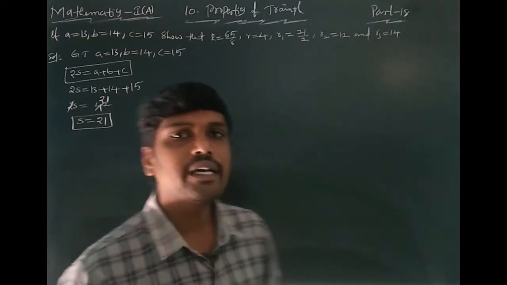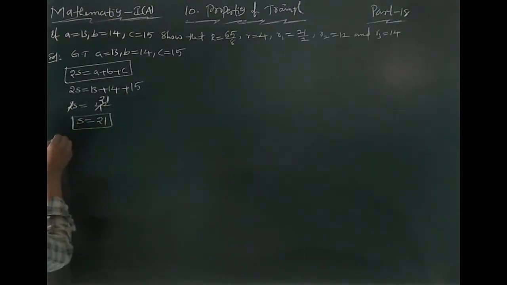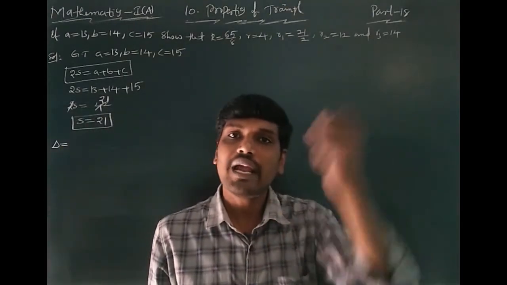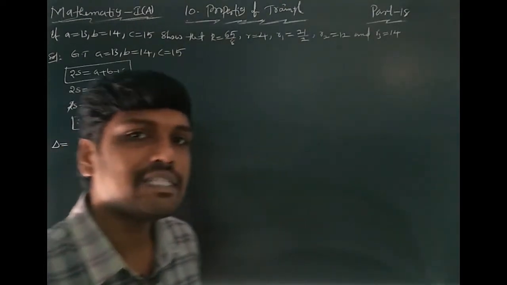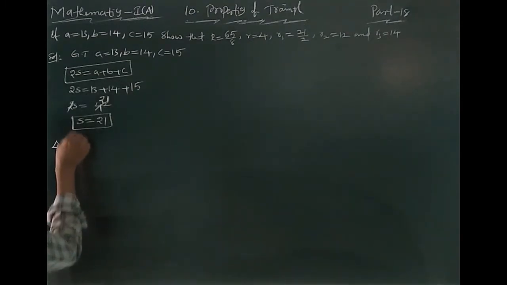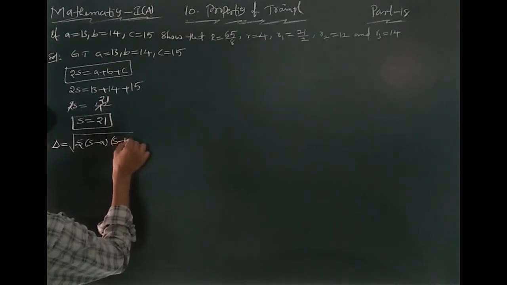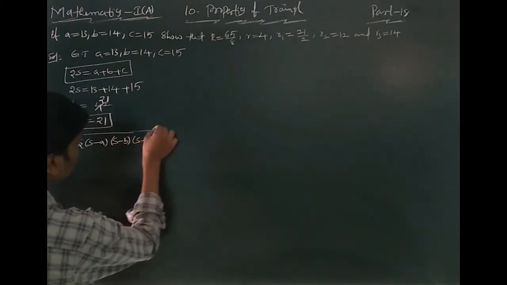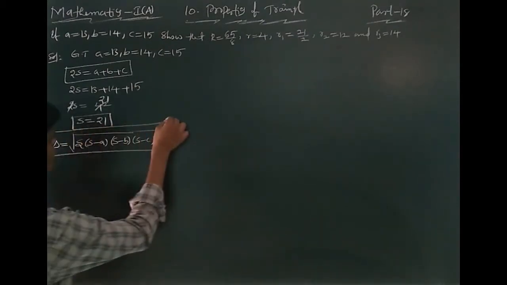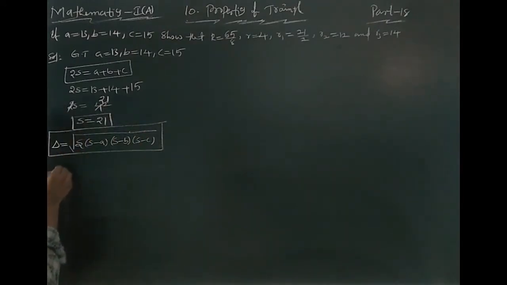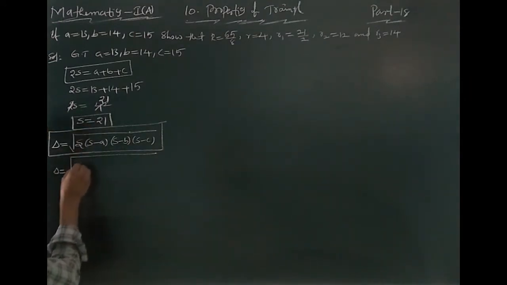Next you can find delta, which is nothing but the area of the triangle. You can write the area formula using the sides of the triangle. The formula is delta equals square root of s into s minus a into s minus b into s minus c. What is the value of s? s is 21.